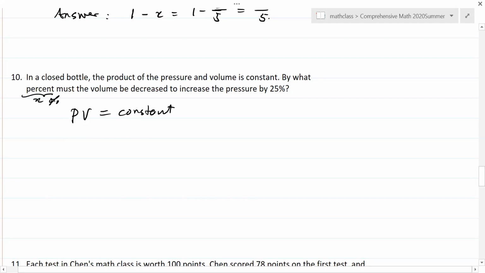Now what do you see? The volume must be decreased in order to increase the pressure. The pressure is increased by 25%.